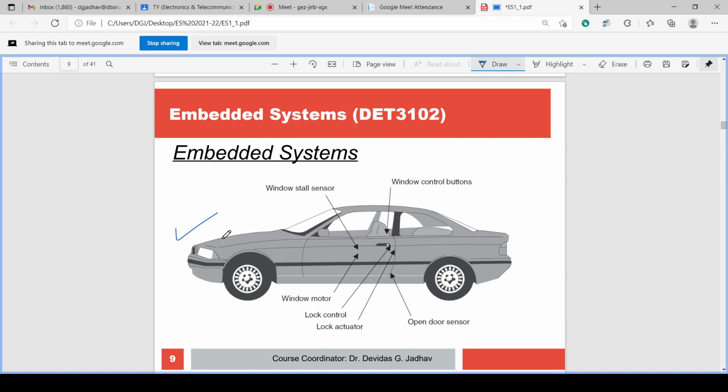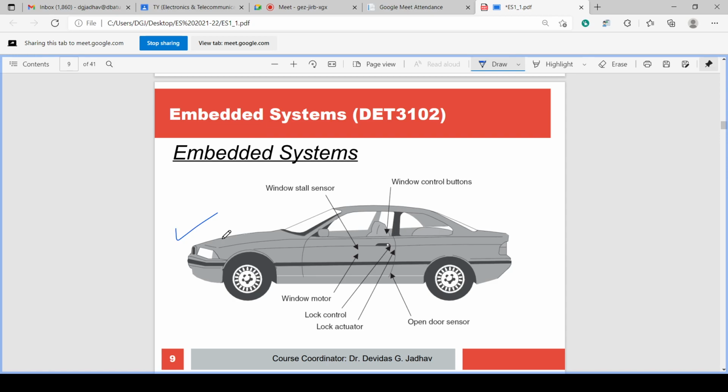There is a lock control. With the remote key you can open the lock, you can close the lock or lock the car. There is a lock actuator. Then open door sensor is there.